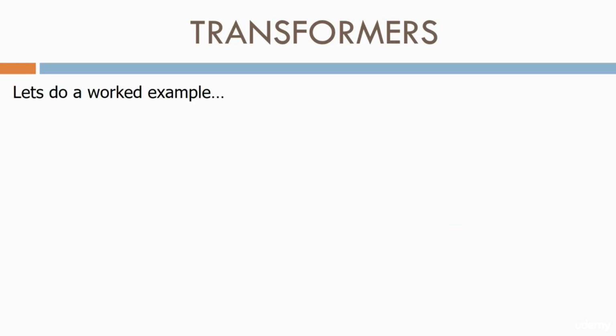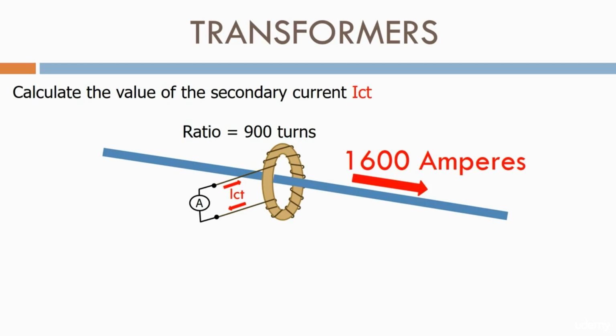Let's do a worked example. Calculate the value of the secondary current ICT. From the previous slide, ICT equals the current flowing through the conductor divided by the turns ratio.